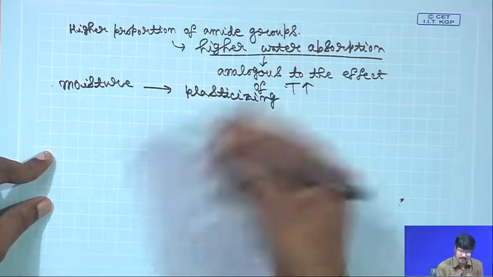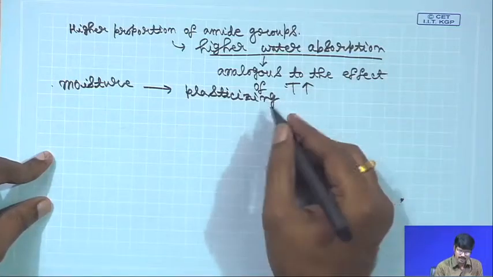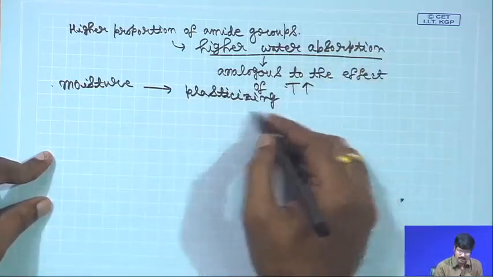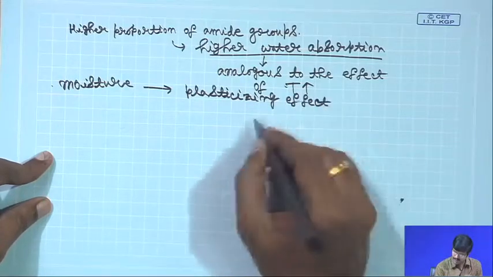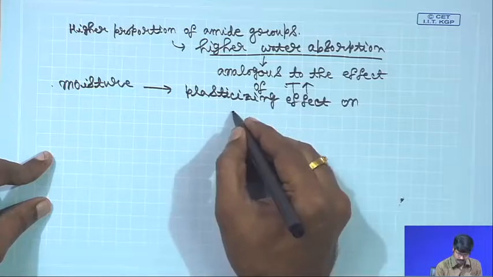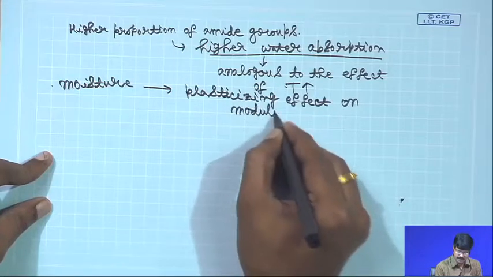because the material becomes less stiff, segmental motion increases, toughness increases, impact strength increases. The plasticizing effect on the modulus, the Young's modulus, is that it goes down.